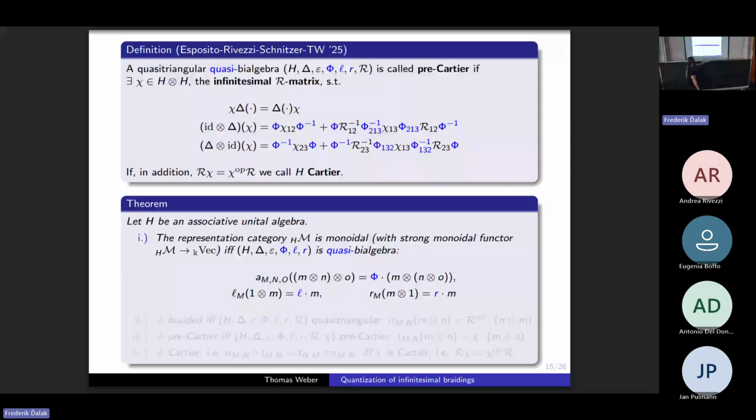And then you see that the associators of your category are governed by this re-associator, while the left and right unitors are governed by L and R. But this is again just confirming the statement that algebra and category are the same thing.